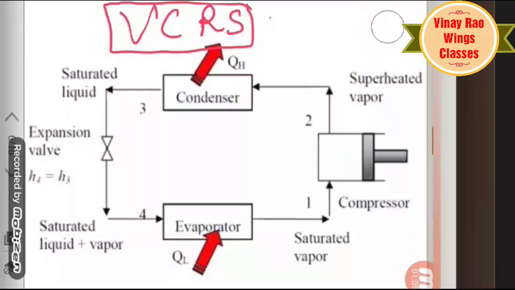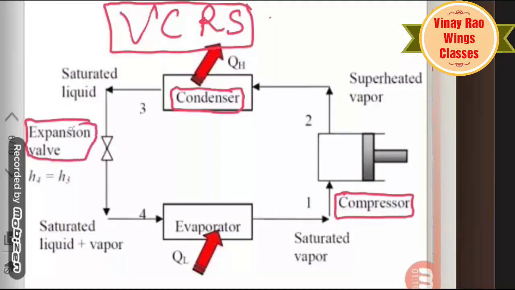This is the vapor compression refrigeration system, in which there is a compressor. Second is a condenser. Third is an expansion valve.